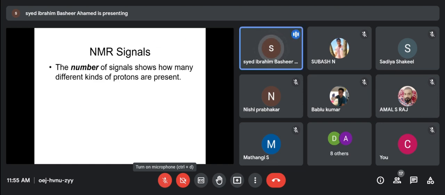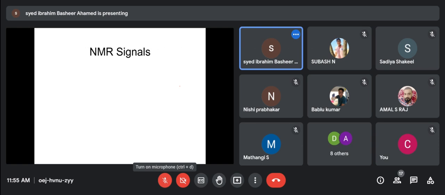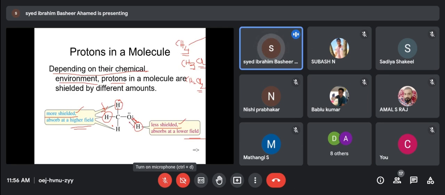So the NMR signal depends upon four conditions. The number of signals shows how many different kinds of protons are present. I told you about methane, methyl chloride, dichloromethane, chloroform.